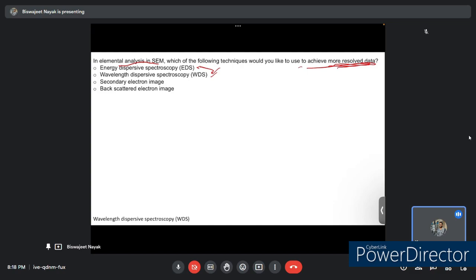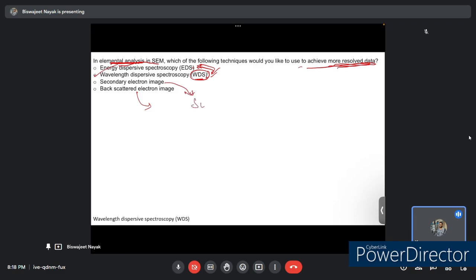So in elemental analysis we will use WDS, because secondary electron imaging gives us the surface information, and backscatter electron gives us the crystallographic information, not the elemental information of the specimens. Only EDS and WDS will give us the elemental information, and WDS will give better information than EDS. So the correct answer will be wavelength dispersive spectroscopy.